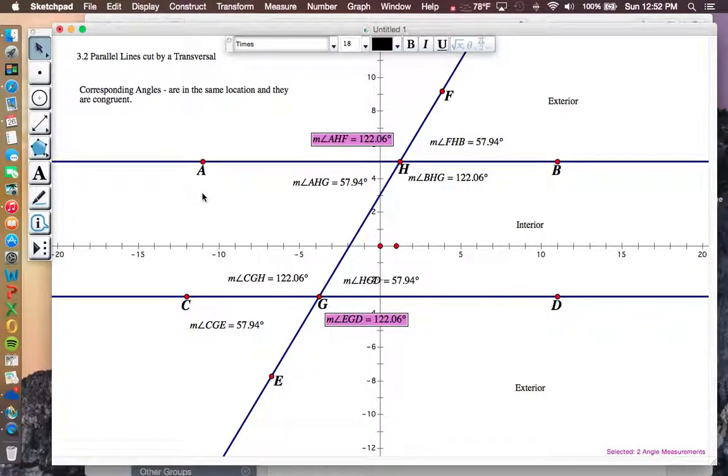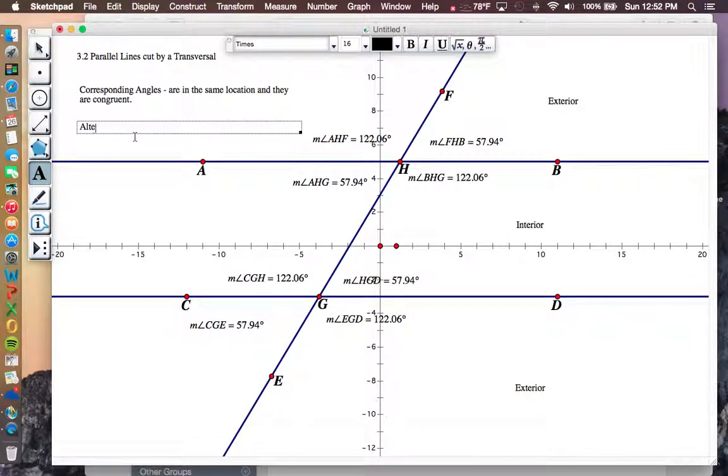So I'm going to call those alternate exterior. Those angles alternate over the transversal and they are congruent.